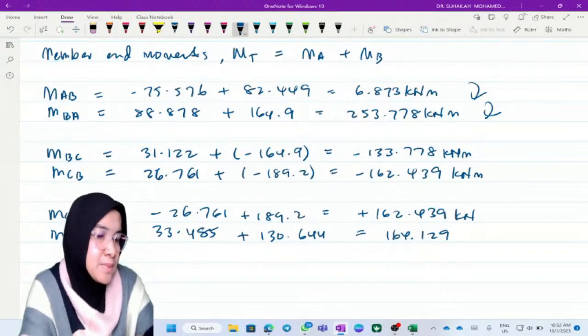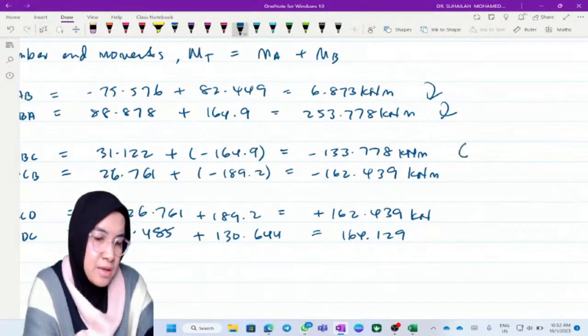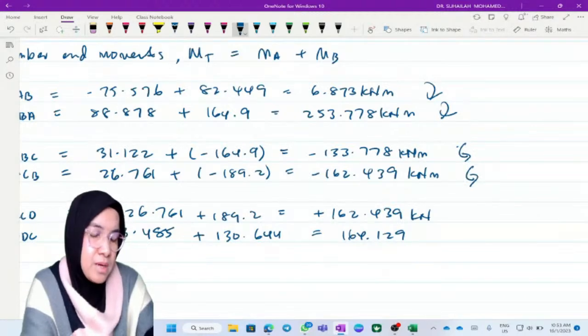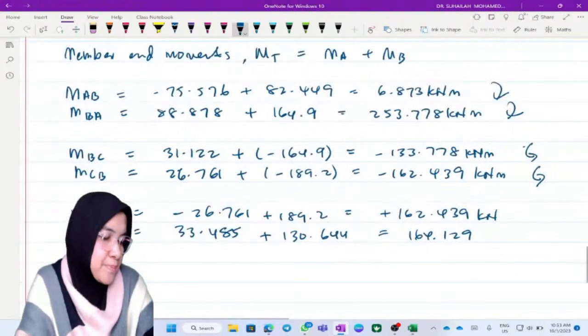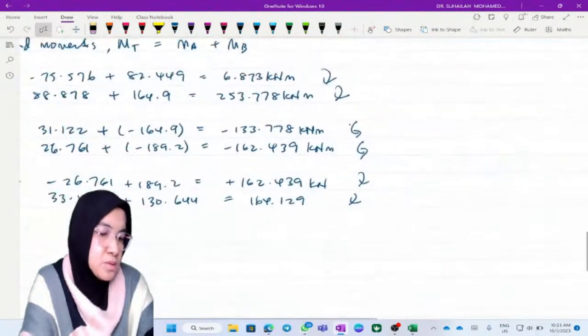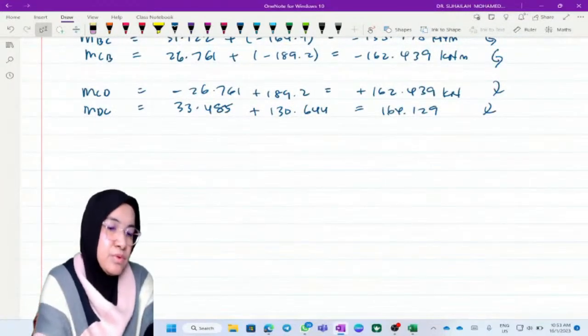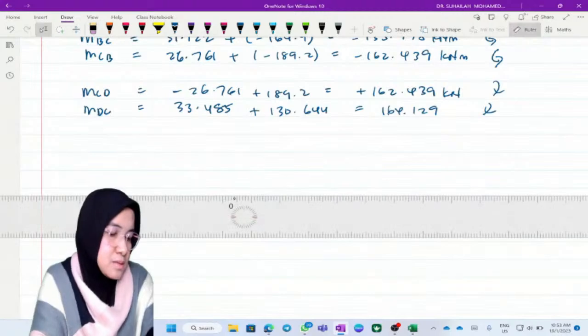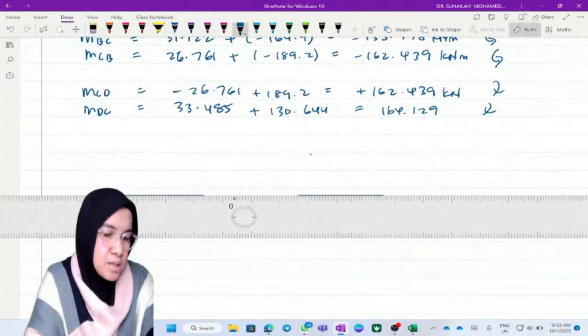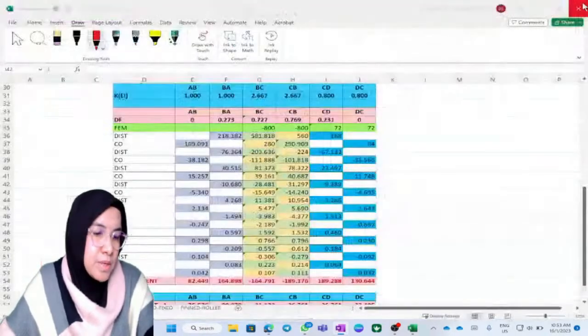MBC, MCB, we have negative and negative. MCD, MDC, we have positive. To see clearly, we draw it like this. Okay, wait for a while.